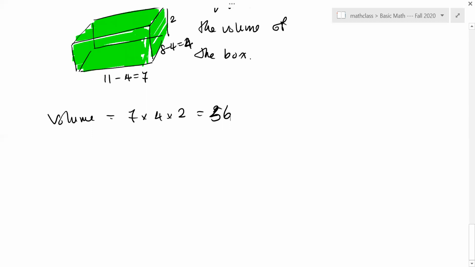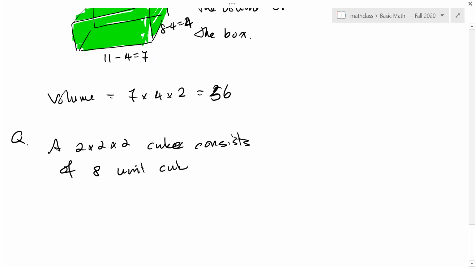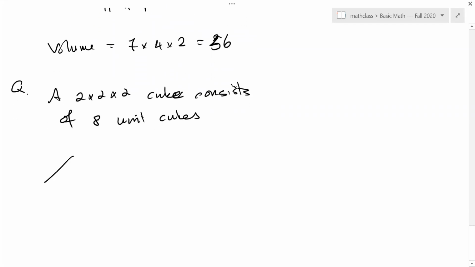All right. So our next problem: I have a 2 by 2 by 2 cube that consists of 8 unit cubes, right? Okay, so let's draw the picture.